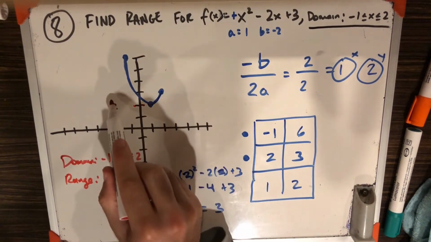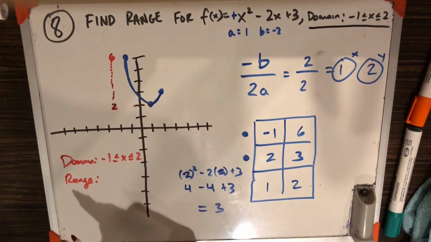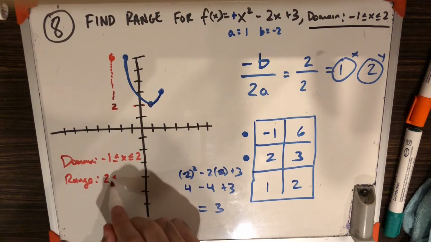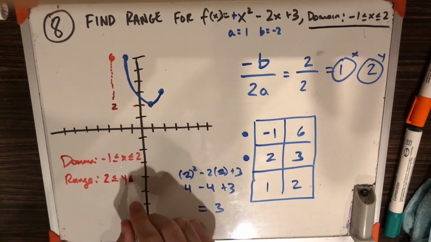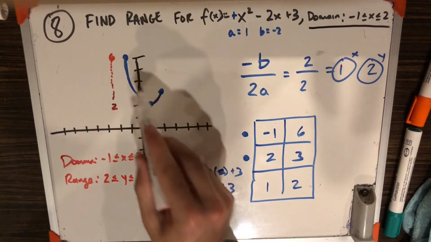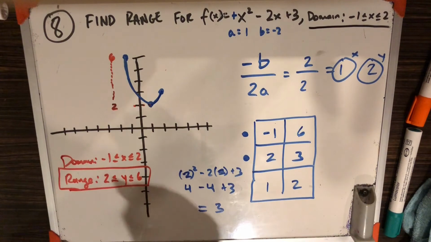What's the highest it goes? Well, the highest it goes is up to 6, right? So I know it goes from 2 to 6. Again, I'm including 2 and 6 as well because it was included here. So my range should be between 2 and 6.